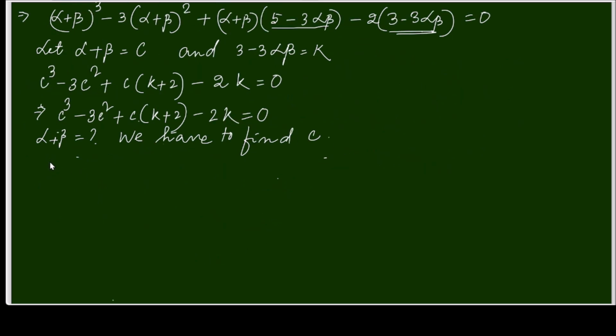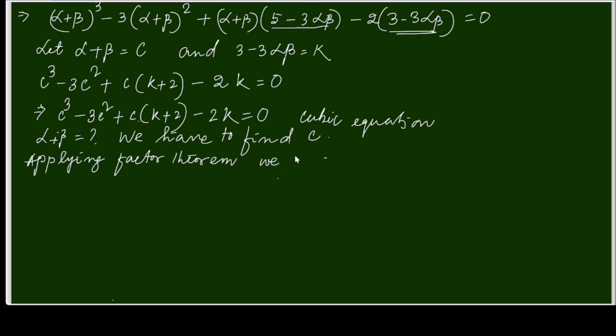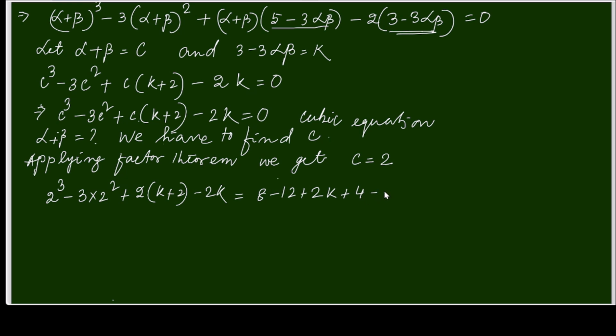This is a cubic equation. Applying the factor theorem, we get C equals 2, because 2 cube minus 3 into 2 square plus 2 into K plus 2 minus 2K equals 8 minus 12 plus 2K plus 4 minus 2K equals 0.